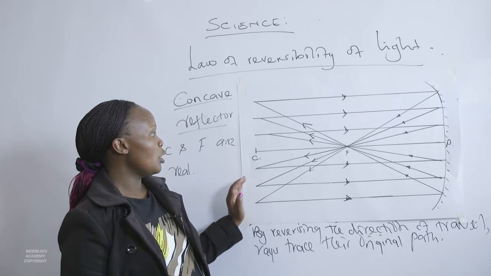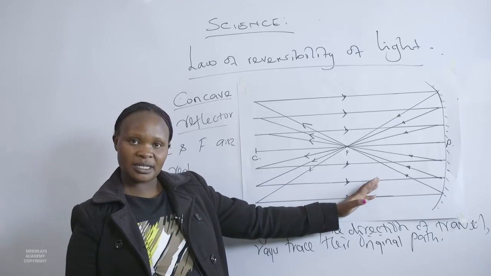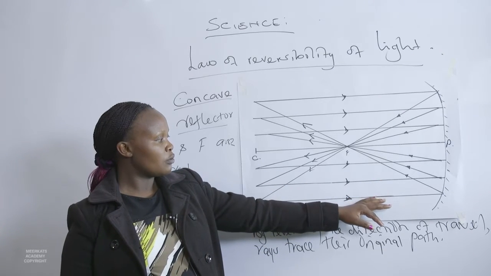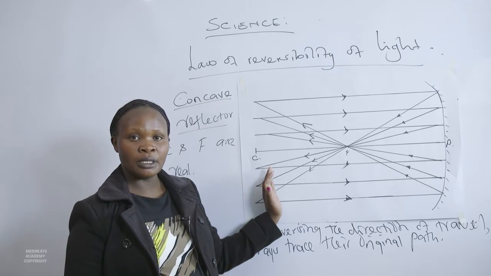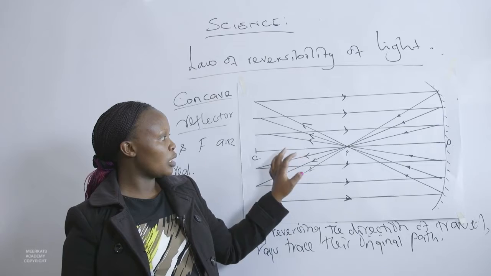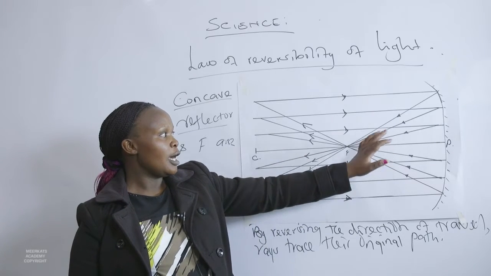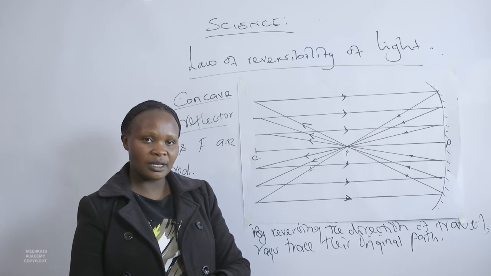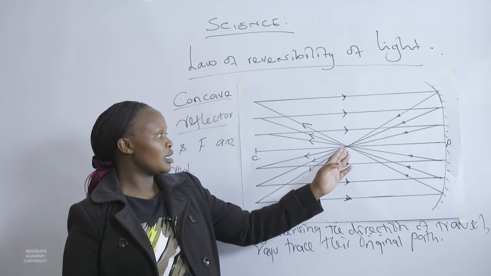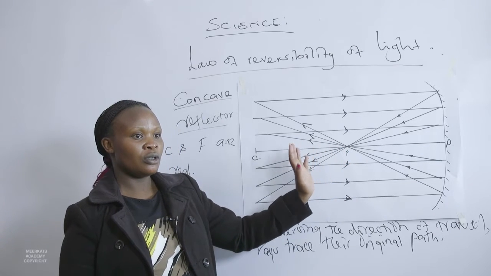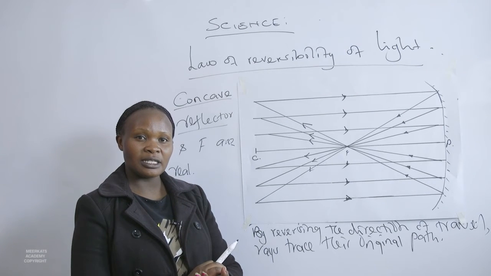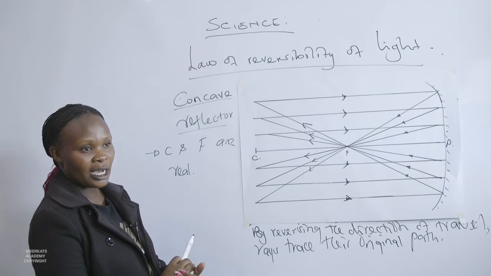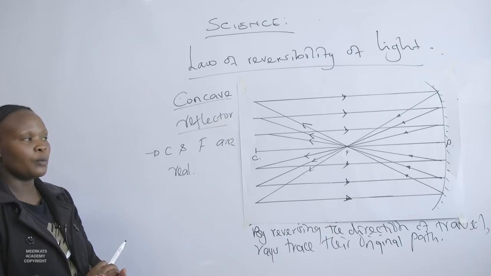This time we have reversed the direction of the rays, and we have considered a beam that is parallel to our principal axis, and they have been reflected so that they converge at F before diverging again. That means that the path of light is actually reversible.